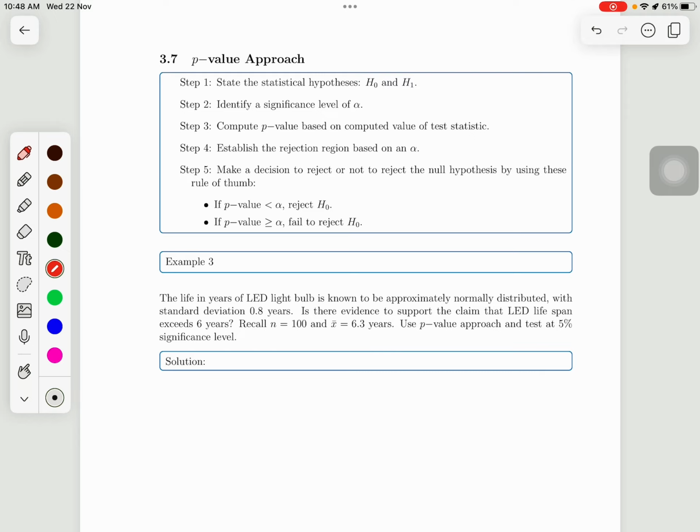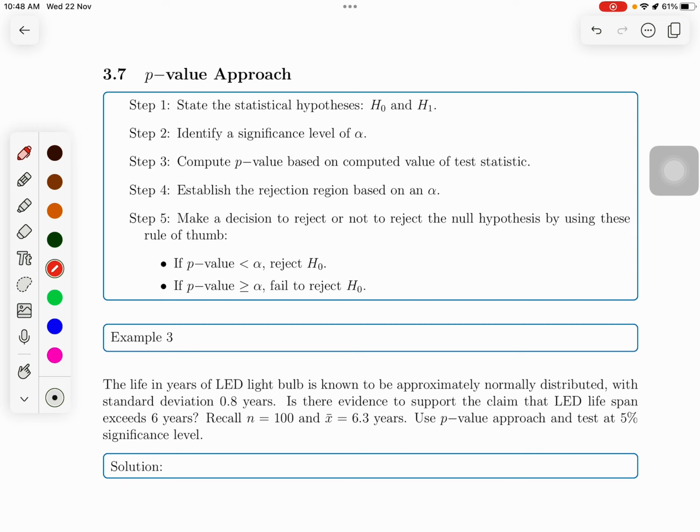In the p-value approach, the only difference is at step 3, where you compute the p-value based on the computed value of the test statistic.